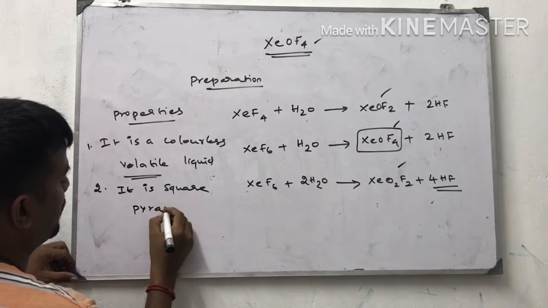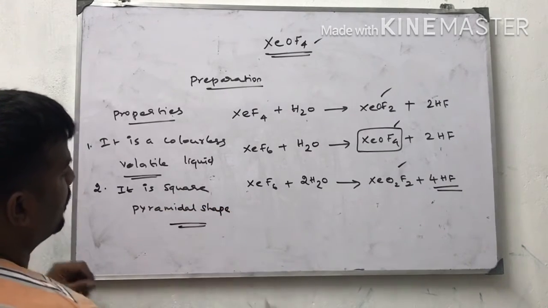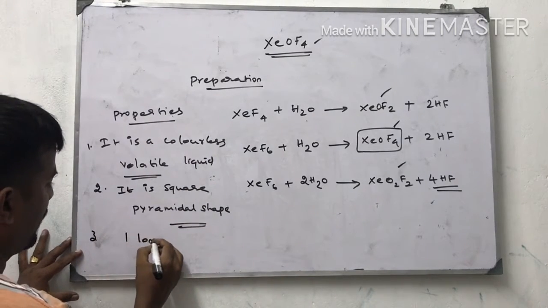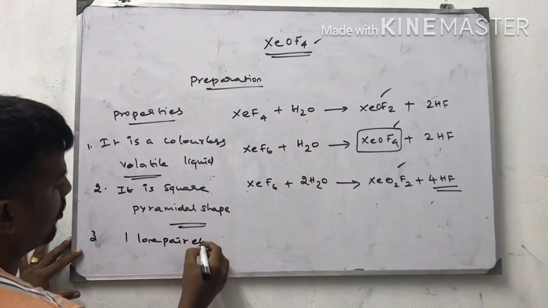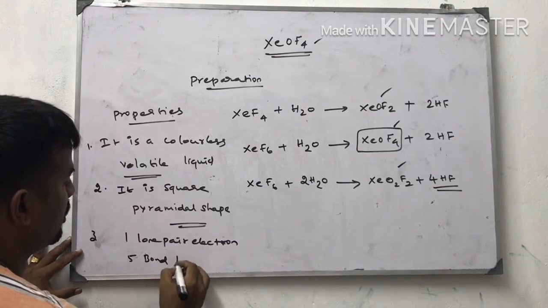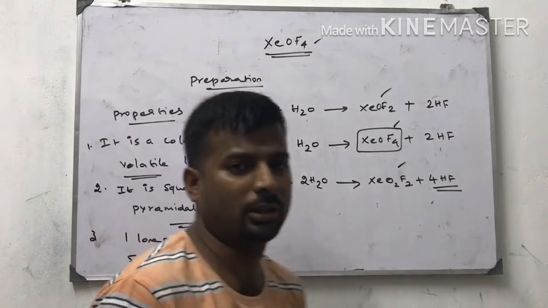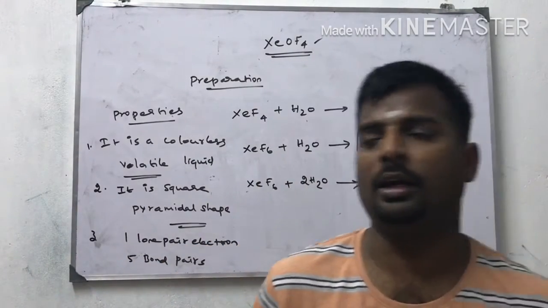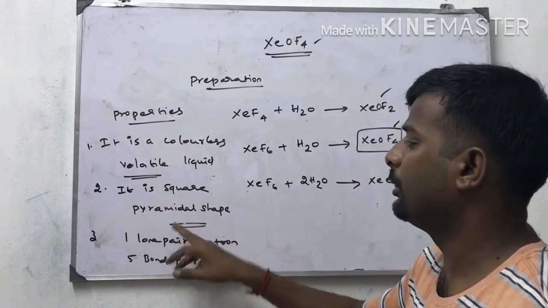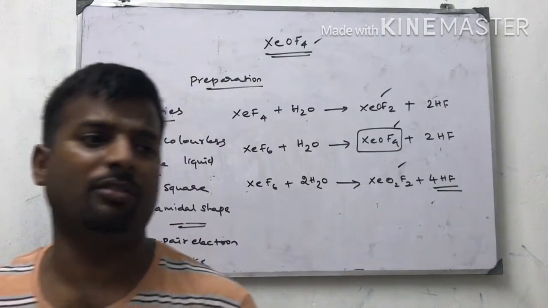It contains one lone pair of electrons and 5 bond pairs. So this is the information related to xenon oxyfluoride: a colorless volatile liquid, square pyramidal shape, with one lone pair and 5 bond pairs of electrons.